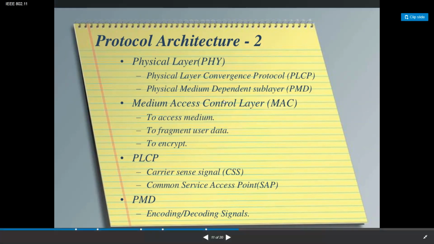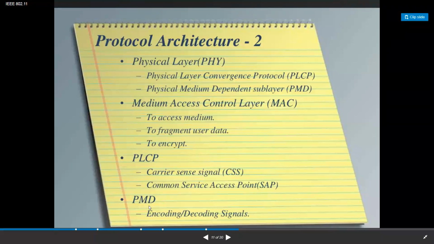Now coming to the physical layer sublayers, the first one is PLCP, the physical layer convergence protocol. What it will do is carrier sense the signal, and provide the common service access point, where this layer is immediate to the MAC layer.